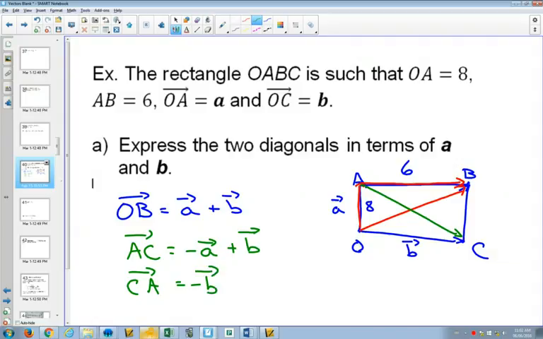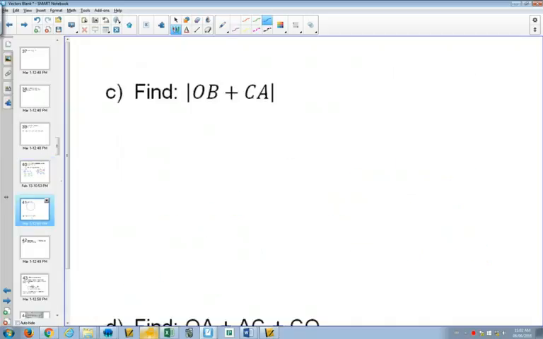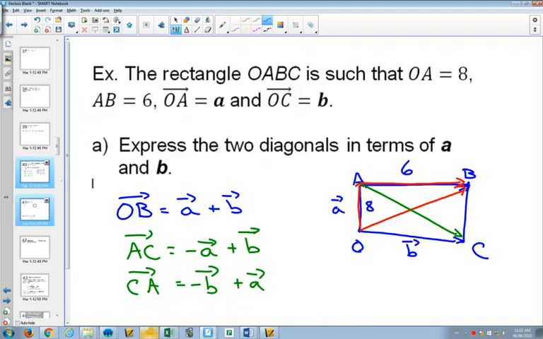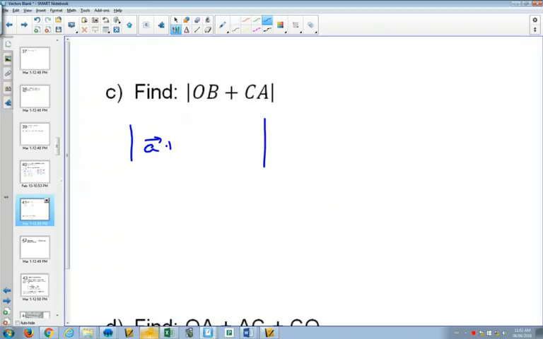That would be going negative B plus A. Well, O to B, we already figured out was just A plus B. And C to A is negative B plus A.